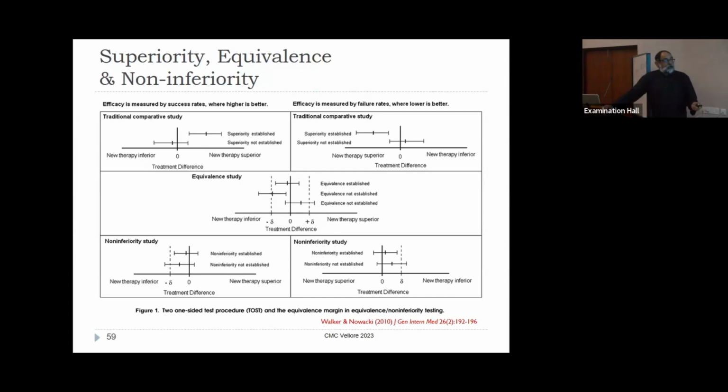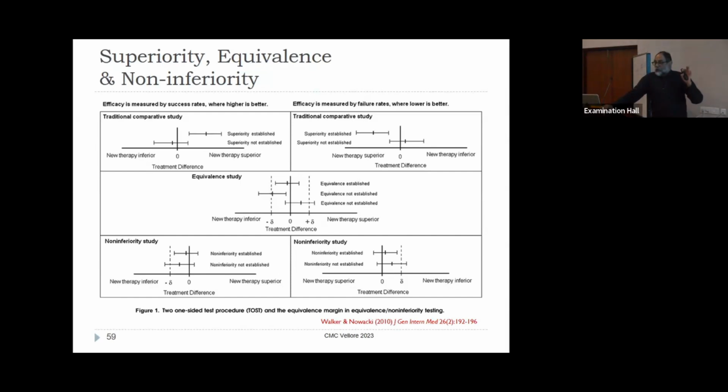And the non-inferiority study, you would want that the lower bound of your confidence interval not go below here and below your minus delta. And here now you have non-inferiority. You have non-inferiority was not established. Here, non-inferiority was established. And the opposite if lower is better.